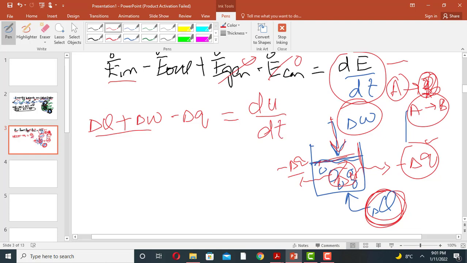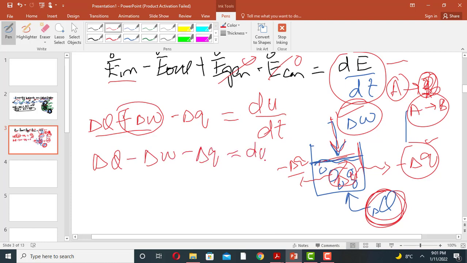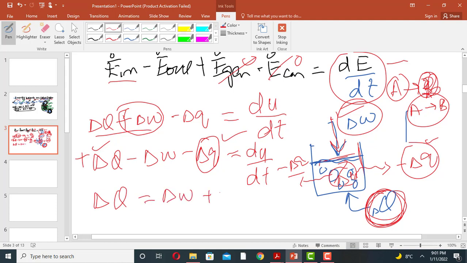This delta W is the work done on the system, or compressive work, so it will be taken as negative. Delta Q minus delta W minus delta Q equals dU by dt. This delta Q is the heat released, and this is the heat entering the system. So it can also be written as heat equals work plus heat released plus internal energy increase.